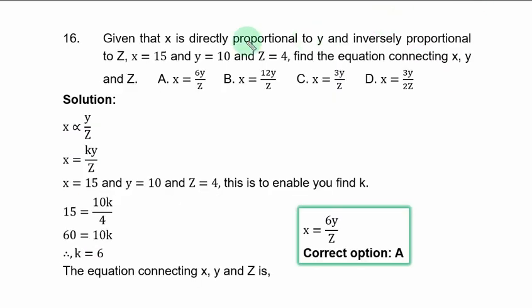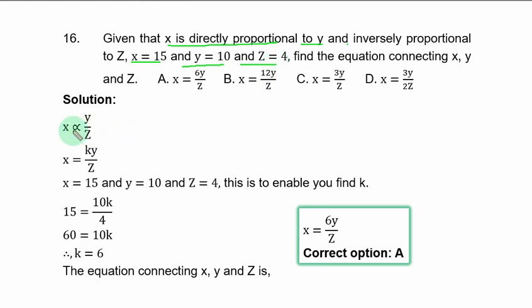Question 16. Given that s is directly proportional to y and inversely proportional to z, s equal to 15 and y equal to 10 and z equal to 4, find the equation connecting s, y and z.